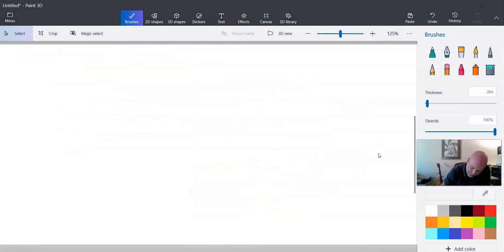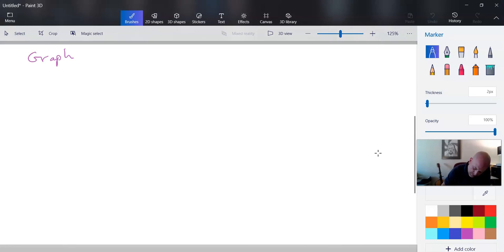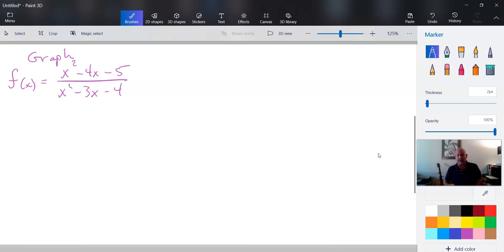Okay, so let's say we want to graph this function. Let's say we have f of x equals x squared minus 4x minus 5 over x squared minus 3x minus 4. Now, it turns out both forms of this are actually quite useful to us.